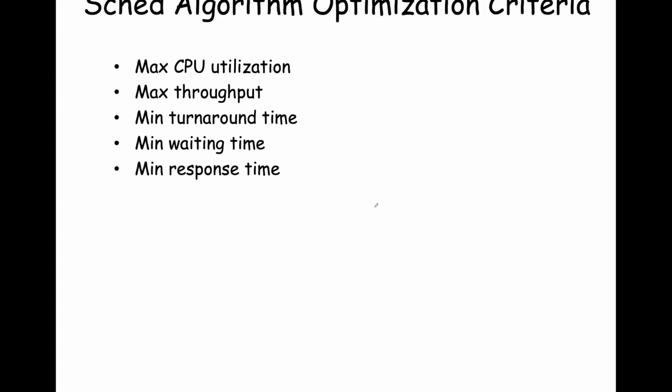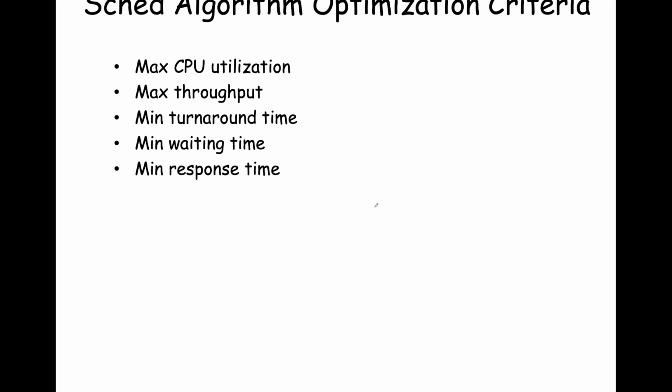All right. In a scheduling algorithm, there are lots of different criteria you can optimize. You might want to maximize CPU utilization, keeping it as busy as possible. Maybe you want to maximize throughput, so things happen as quickly as possible. Maybe minimize the turnaround time, so the time it takes to get things done is as small as possible.